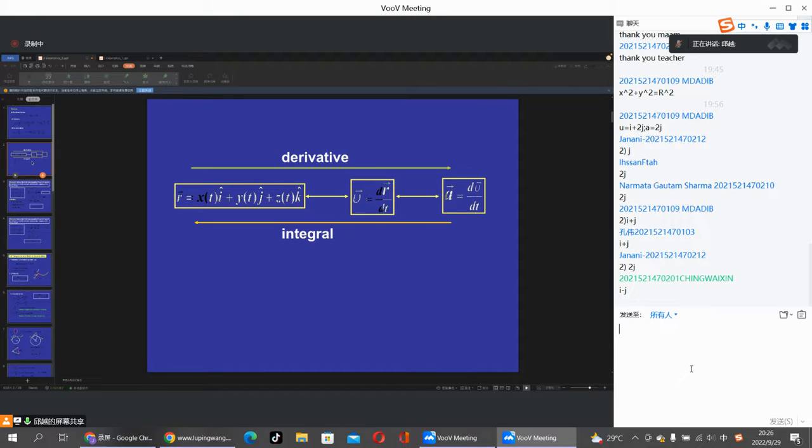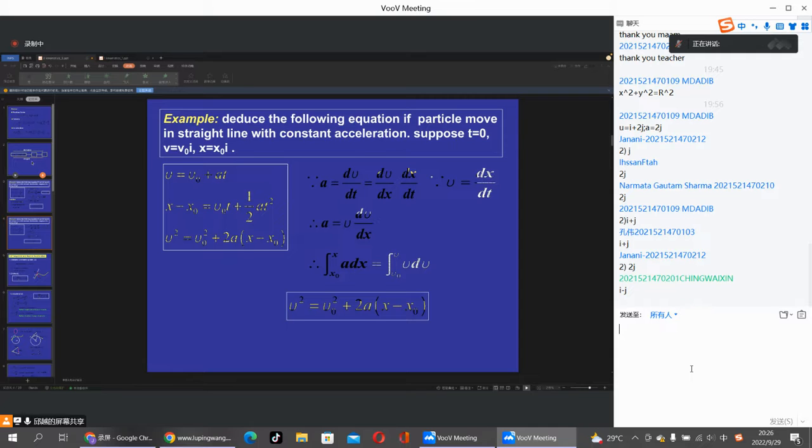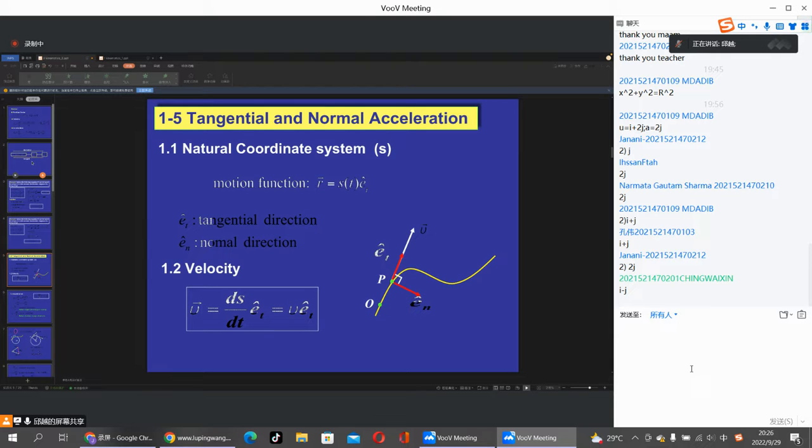And we learned the derivative and the integral, and the examples to deduce the equations of straight line movement with constant acceleration. And then today we will learn tangential and normal acceleration.